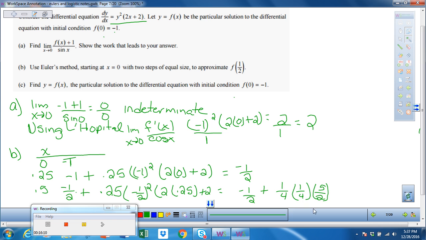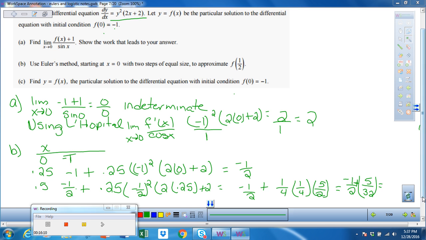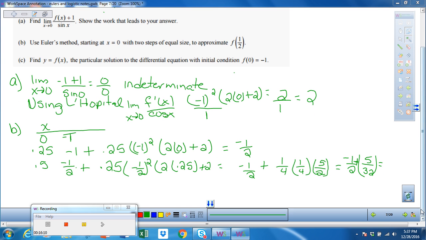That's a perfectly pretty answer. So you could leave it like that, or you could do this. What is that going to be? 5 over 32. Or you could do that. Oh, and that's a plus sign in between those. Okay? But then they gave a final answer. I think it may have been like 11 over 32 or something like that. But that answer is fine. You can use your calculator to get that.